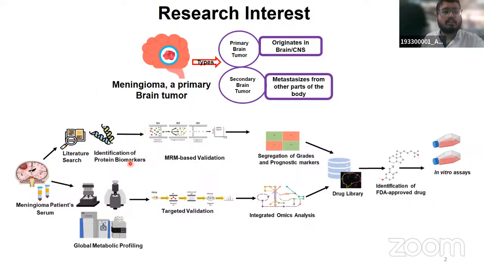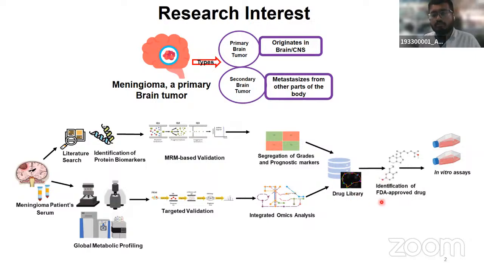So here I have tried to look at different protein and metabolite-based markers, using high-throughput technologies of proteomics, metabolomics and other omics technologies, to identify certain markers which can be used for the detection of those patients that are going to high grades, so we can monitor them easily.